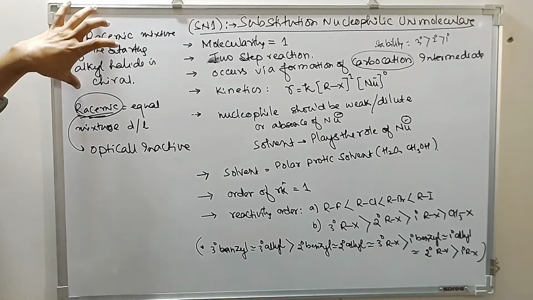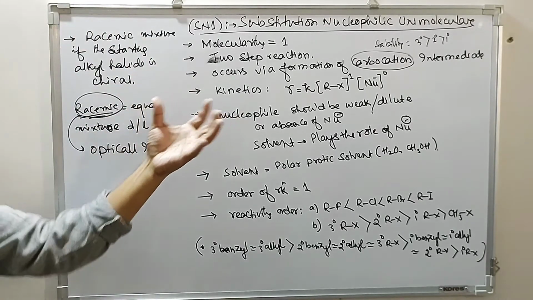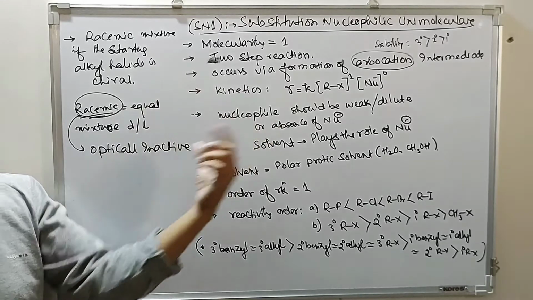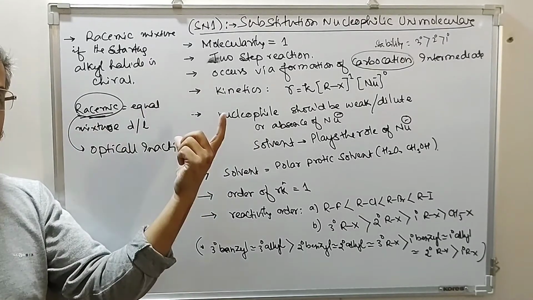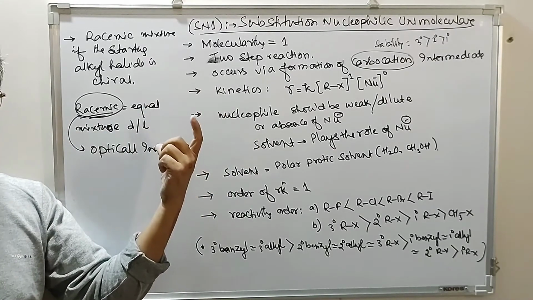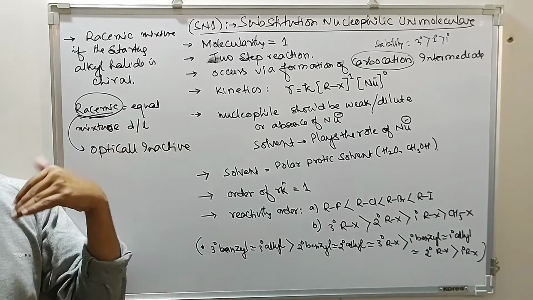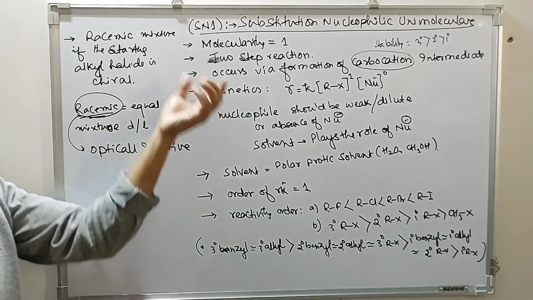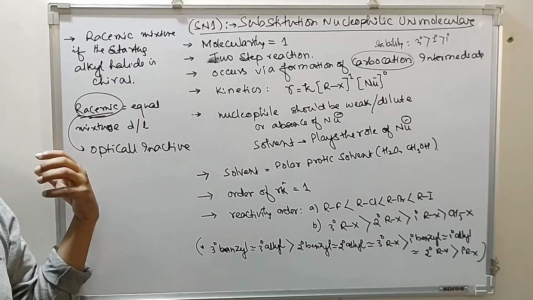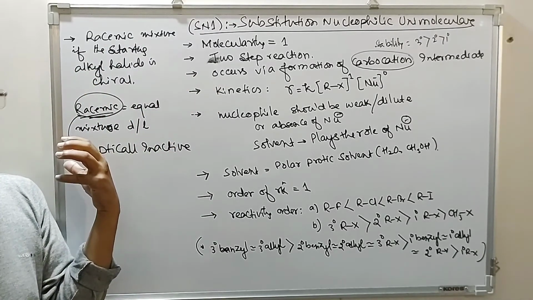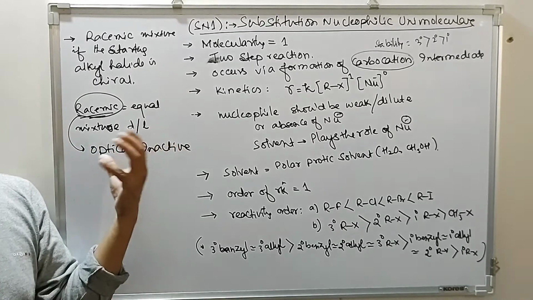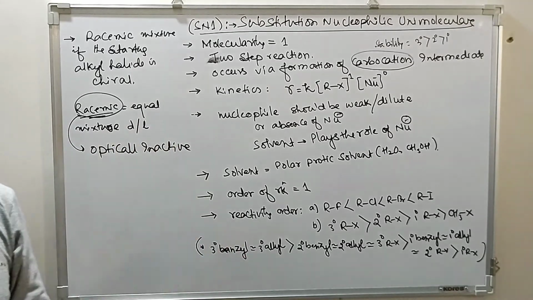So this is the stereochemical difference between SN2 and SN1. SN2 says if the starting compound is chiral, there is complete inversion, Walden inversion. Inverted product will be formed. Whereas the SN1 pathway says if the starting compound is chiral, the final product will be a racemic mixture.